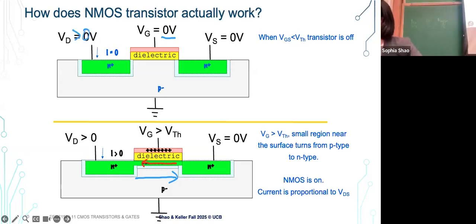The current is low because the channel doesn't exist. There's not enough carriers to have the channel conducting, right? So that's exactly why, even if you have a voltage difference between source and drain, you still need to apply the gate to actually form a channel.